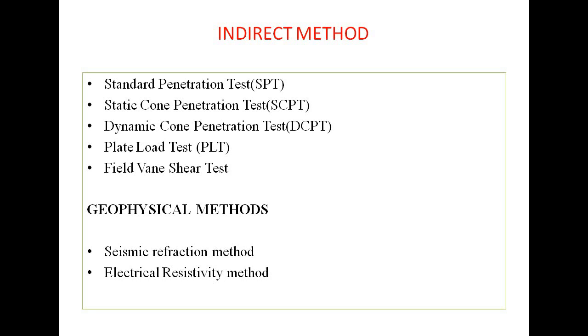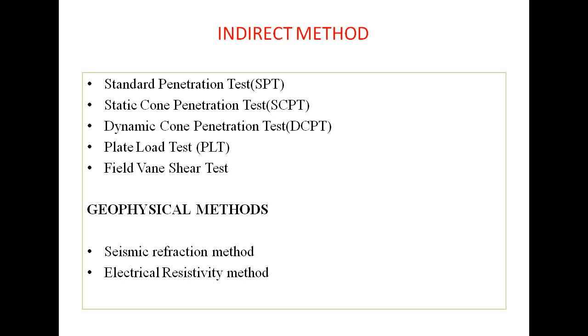The in situ tests have an advantage of testing the soils in their natural undisturbed condition, whereas in the laboratory we are going to test only small samples obtained from the boreholes through samplers. Here, we test the soil in its natural condition.